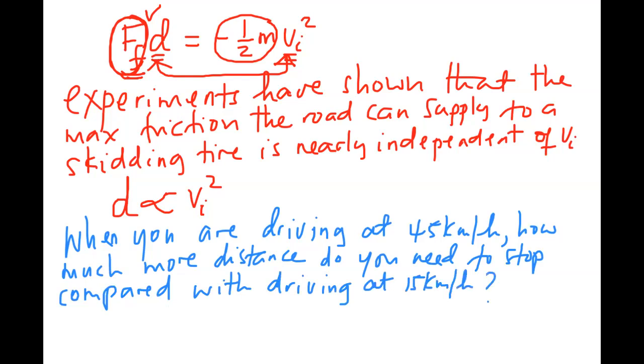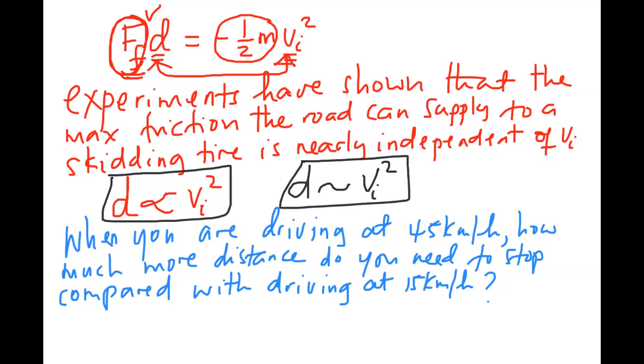This is the question that you can answer using these ideas here. We would like to use this idea, that the stopping distance is proportional to V initial squared.